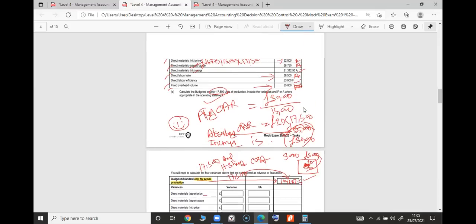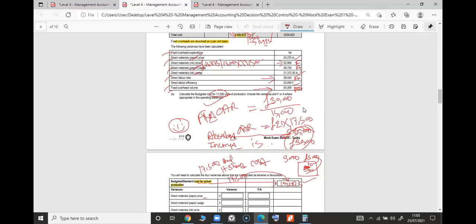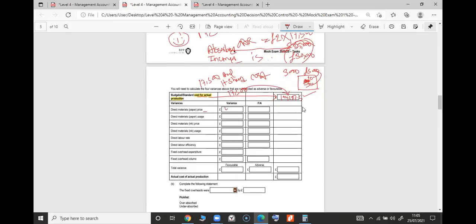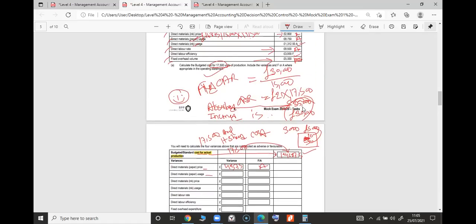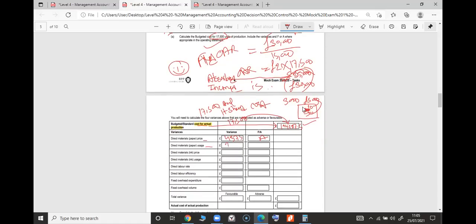No, that is ink, I remember. Material paper price is 4,375. It's just copy paste, people. Adverse. Then material usage, how much? 8,750 for paper. That is adverse as well.